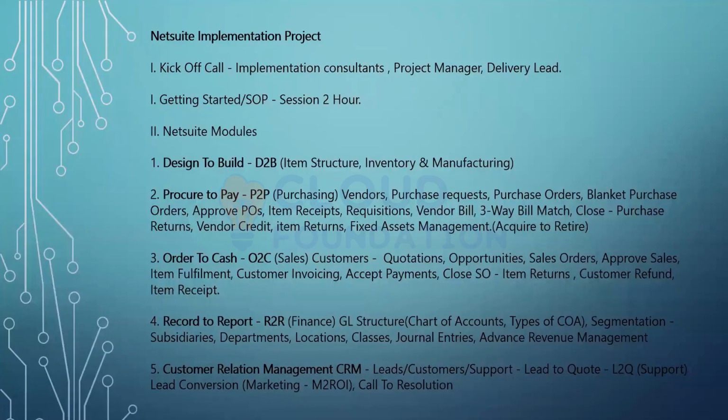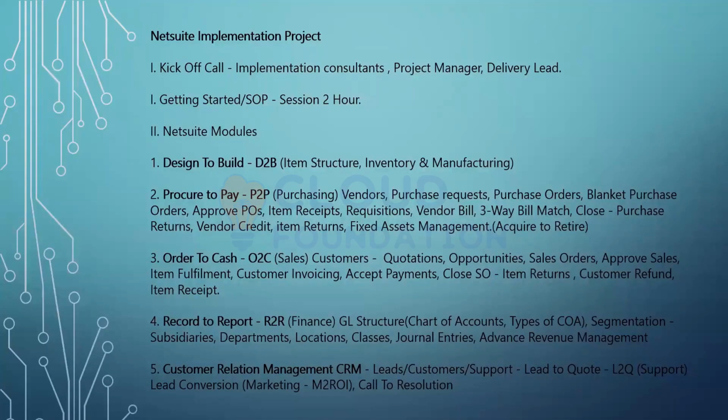Now, where are we getting the financials into this? Whenever you're creating a vendor bill and whenever you're making the payment, that is your finance. And whenever you are creating an invoice. Now remember these words, guys.